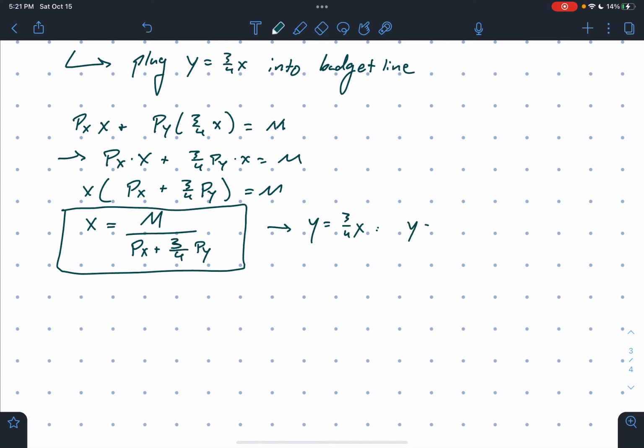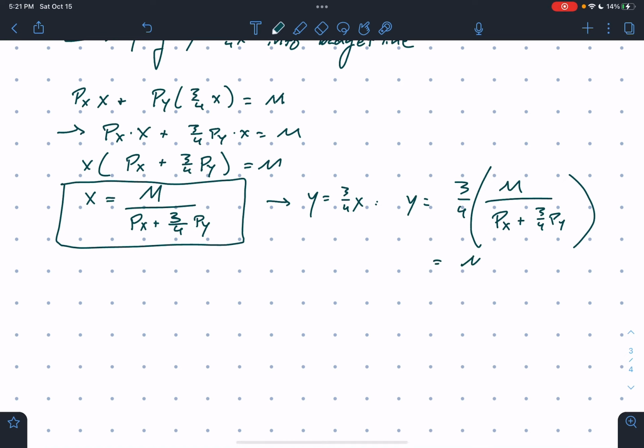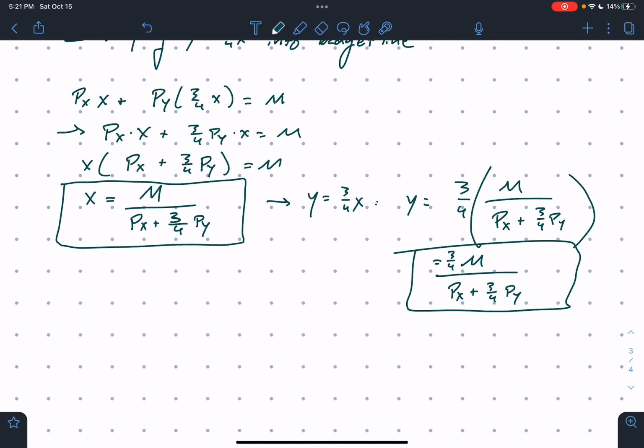So y is equal to 3/4 times m over px plus 3/4 py. So this is 3/4 m over px plus 3/4 py. All right, so this is our optimal consumption of y.